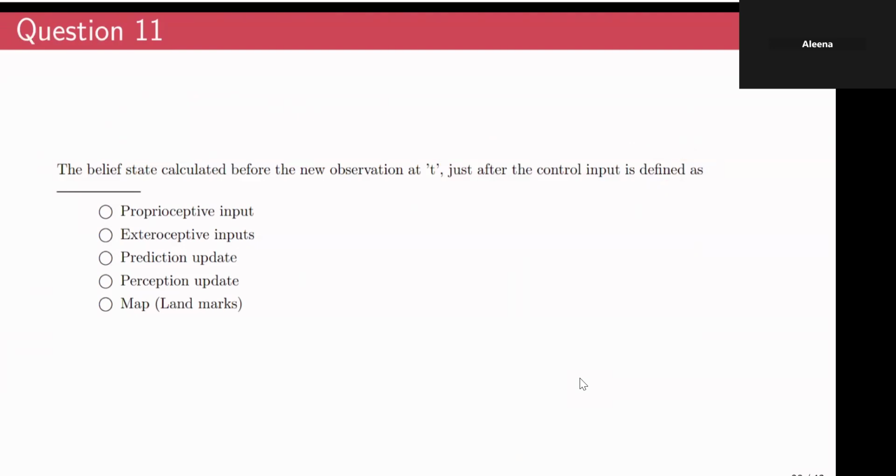So like we have seen, as per the definition, we have seen two cases basically, right? We have seen bel bar xt and we have also seen bel xt. If you can recall, we call this prediction update and we call this perception update.